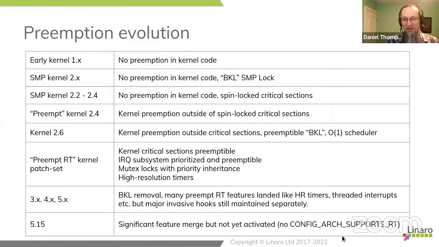So this is saying that there is no architecture that supports real-time at present. And so the preempt RT kernel patch set does still exist. One of the things it does is go through x86 and ARM64 and set this, as well as containing some bug fixes and other bits and pieces to make it all function.